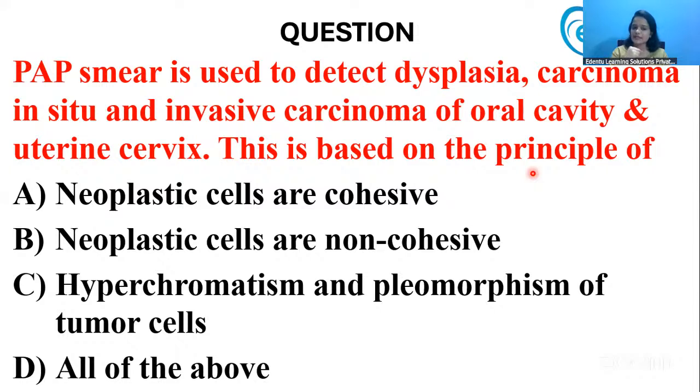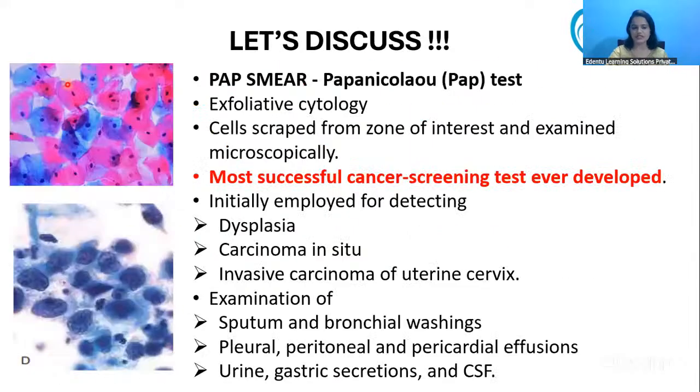Okay, so you can smear it on the slide and then stain it and look at it under the microscope. Okay, so mainly it is based upon the principle of this non-cohesiveness of neoplastic cells. Okay, so this is how the cells will appear under the pap stain. It is a form of exfoliative cytology, like I had already mentioned.